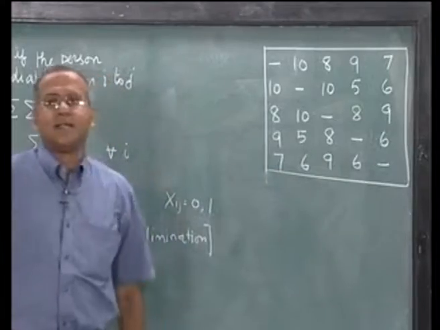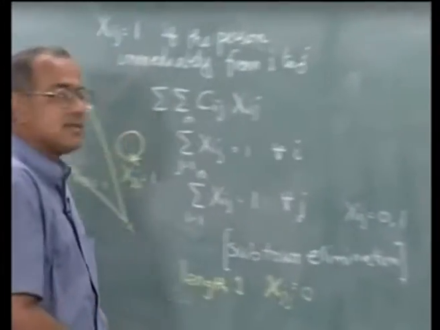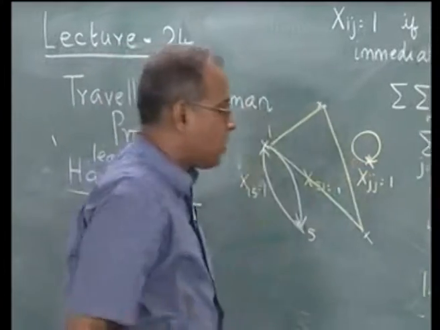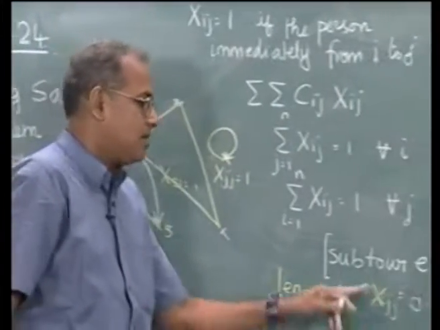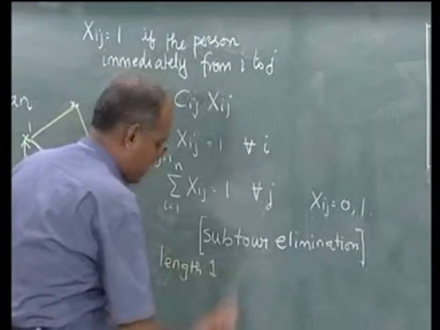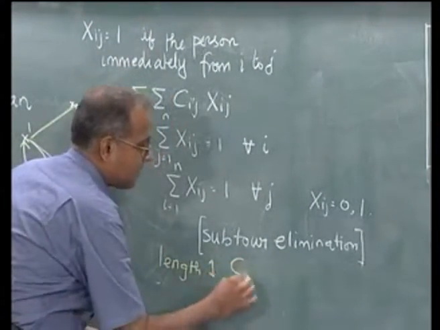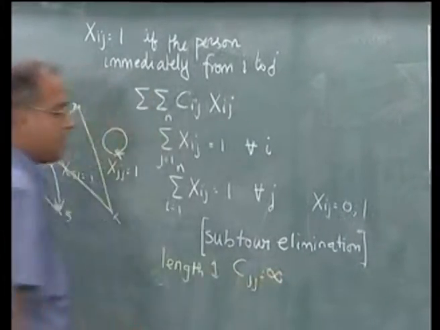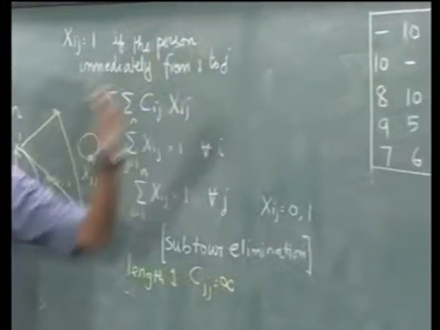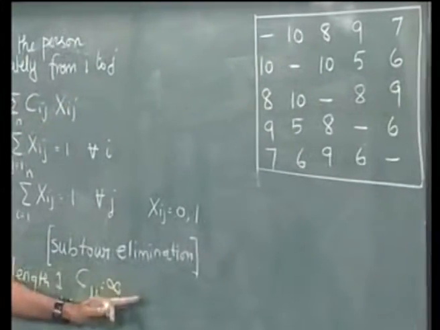We do not want diagonal assignment because diagonal assignment represents a subtour of length 1. So, we eliminate subtours of length 1 not by explicitly putting xjj equal to 0, but by putting cjj equal to infinity. So, the costs associated with the diagonals are all infinity, so that we do not have subtours of length 1.